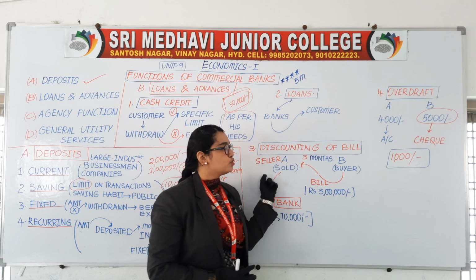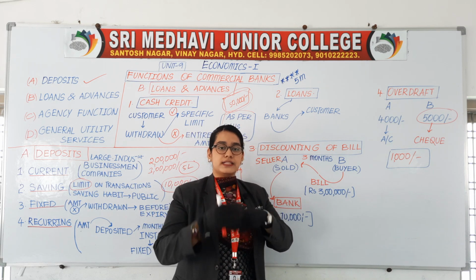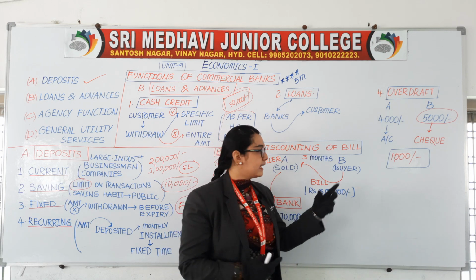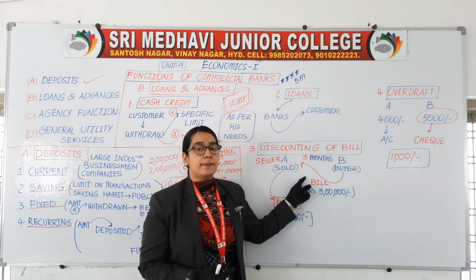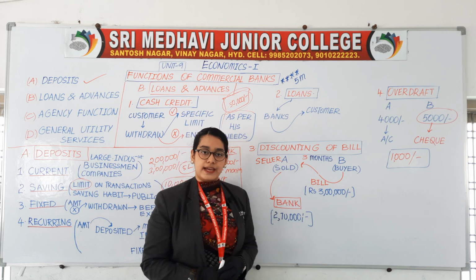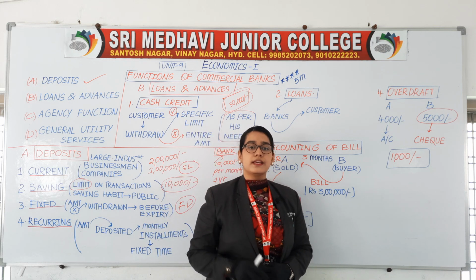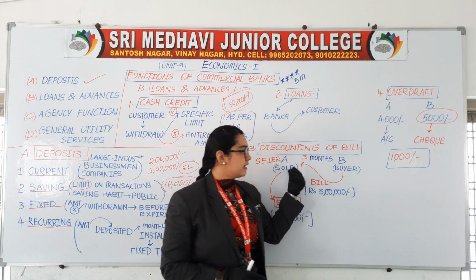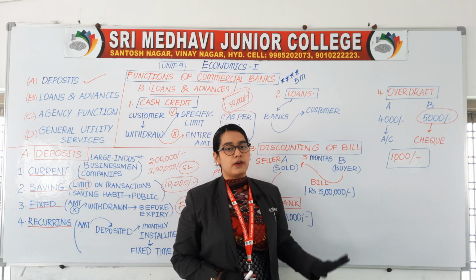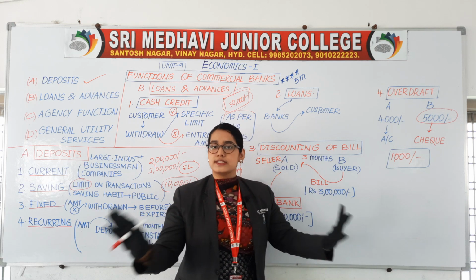So A has sold goods to B and B said that within 3 months I will give you the amount. But till that time B gives a bill of 3 lakhs to A, just on a paper. After 3 months B will give the amount, but till then you can keep this bill with you. So this is the contract.